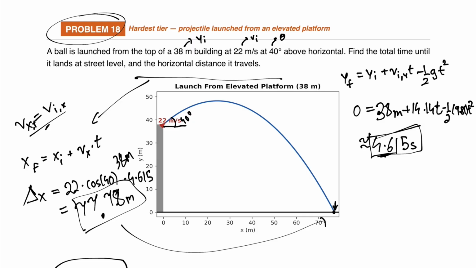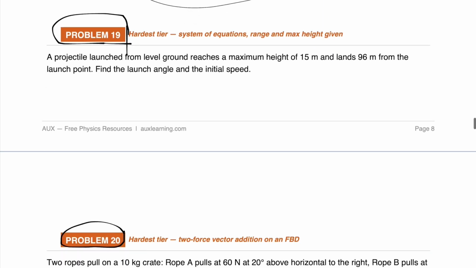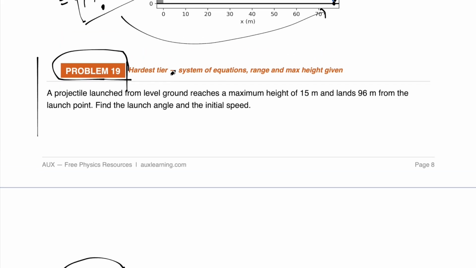Yeah, so now let's go over one of these questions where we have to use a system of equations. What do I mean by that? Well, why will I spoil the surprise, right? Projectile launched from level ground, so that means we can use our equations. Thank God, right? It reaches a maximum height of 15 meters and lands 96 meters from the launch point.